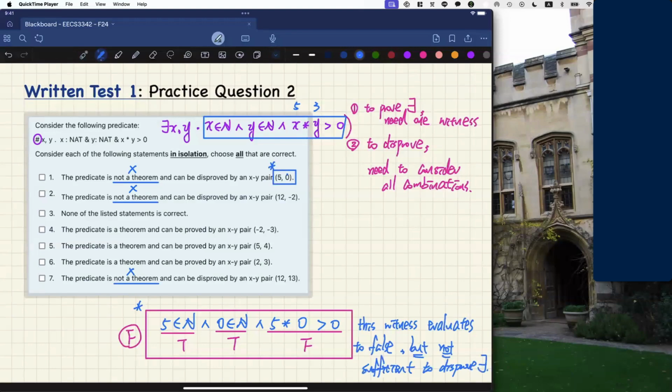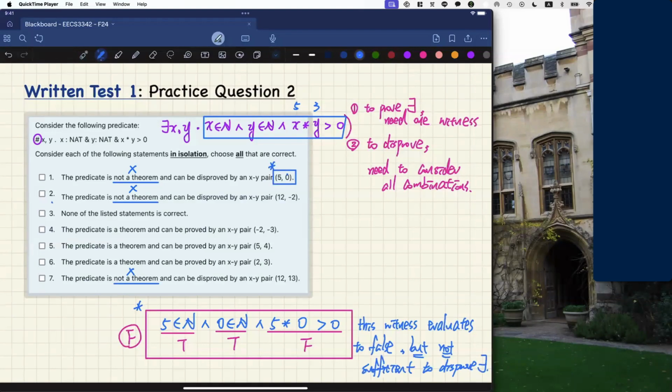All right, that's something I would like to say. And you can have a similar argument for choice number 2. I'll leave that to you. All right, so we can ignore number 3 just for now. Of course, if all the other options except for 3 are incorrect, we're going to choose option 3.